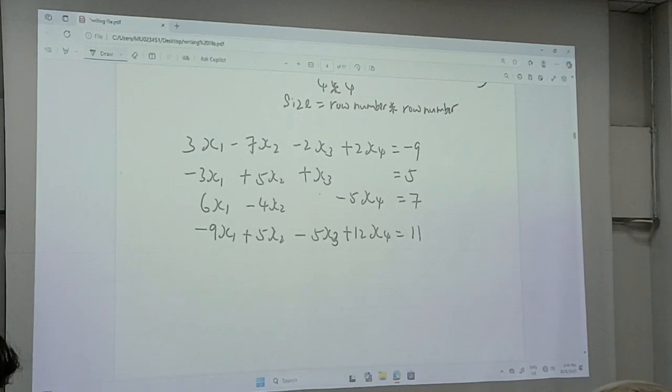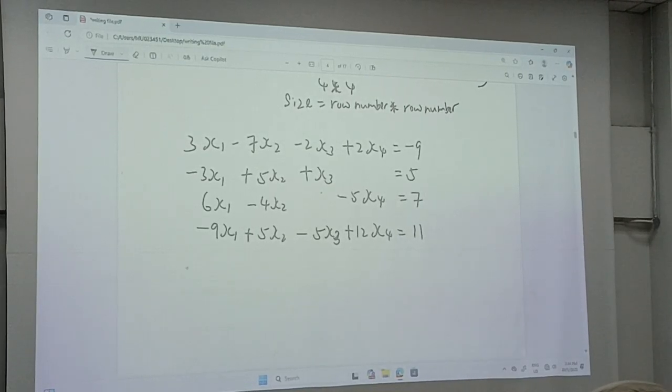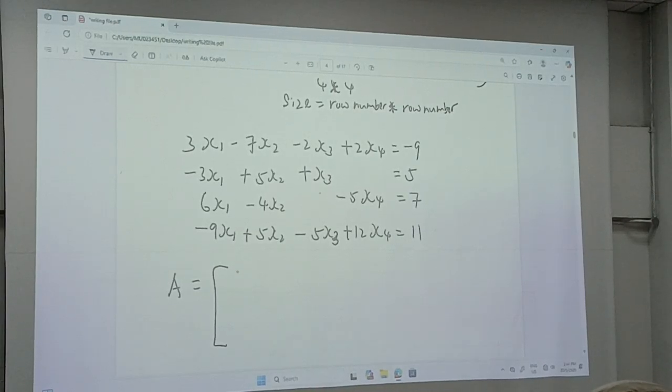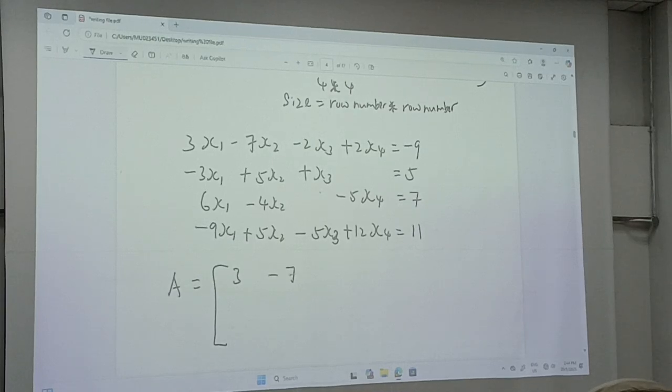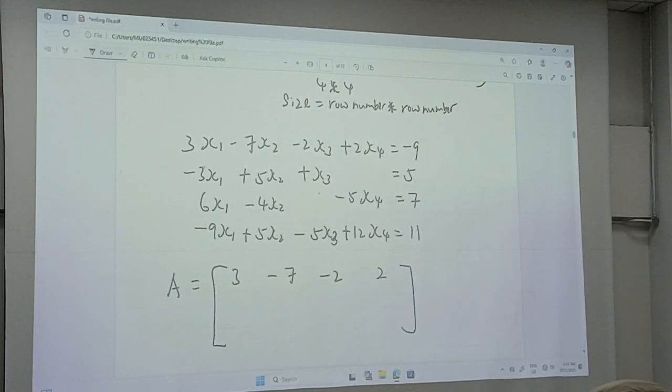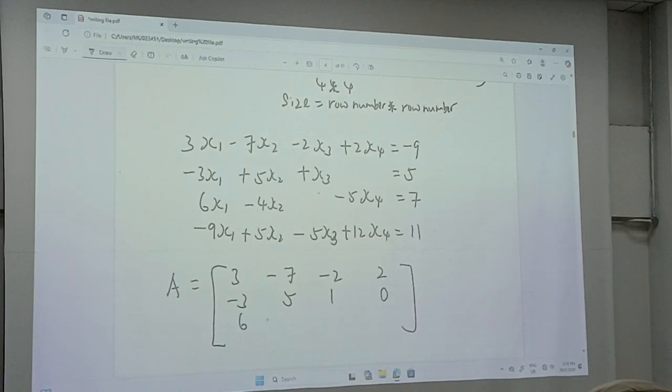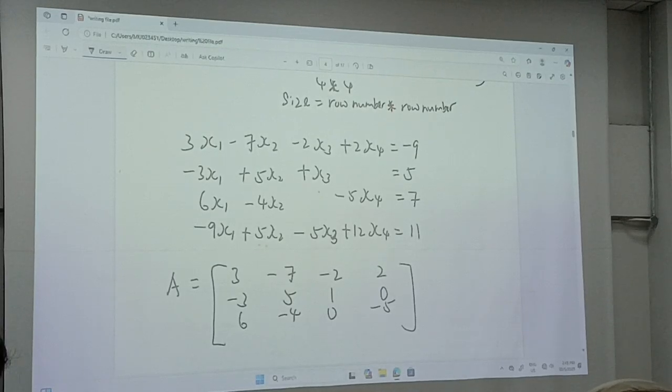Okay, so first try to get the matrix A. Matrix A basically is the coefficient matrix. So write down all the coefficients: 3, -7, -2, 2. Then the second row will be -3, 5, 1, and there is no S4, so it means equal to 0. So 6, negative 4, 0, negative 5.